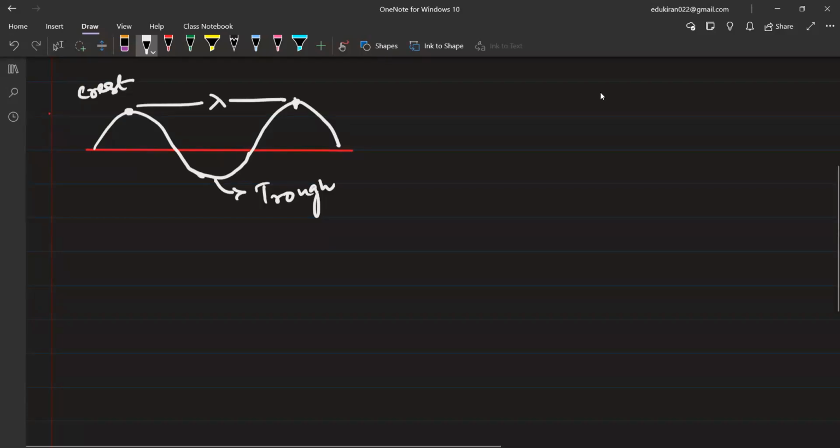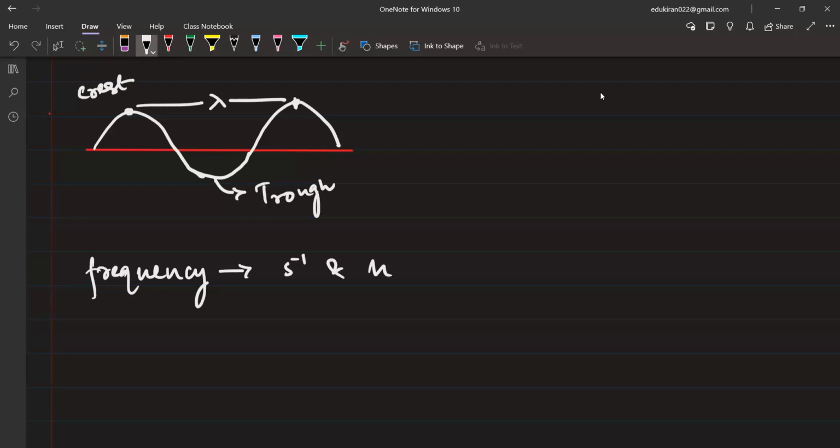Now, frequency is something that you must have heard previously also. Frequency is the number of waves that pass through a point in a second. So frequency has a unit per second, or hertz. You have seen this hertz.